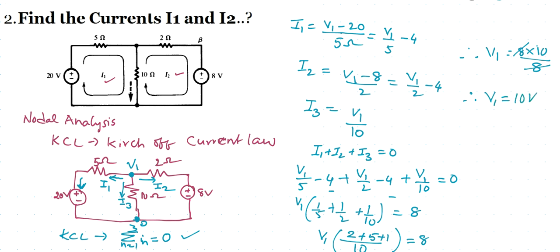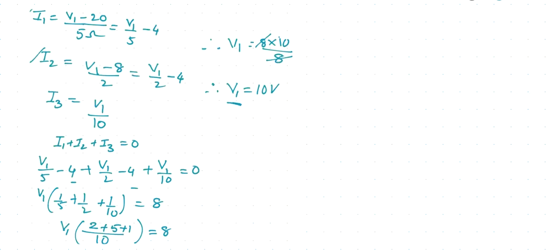Now we know the voltage V1, and we have to find I1 and I2, since the problem is to find the currents I1 and I2. Now I am substituting this V1 into I1 and I2. I1 equals (V1 minus 20) by 5, that is (10 minus 20) by 5.